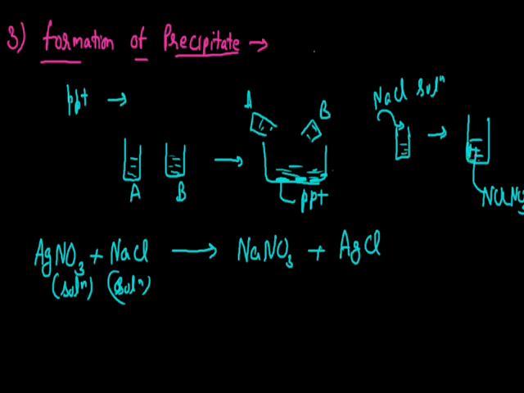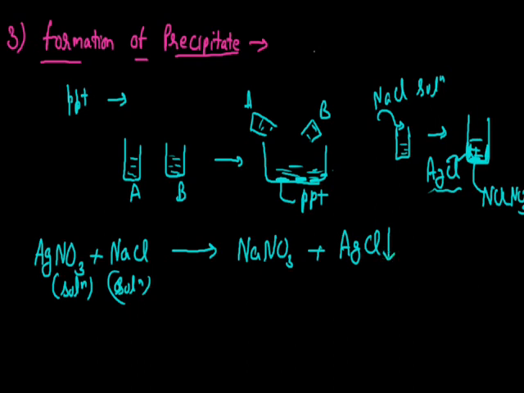inner surface of this test tube, sticking to it, and this solid that is formed here is insoluble, and this solid is AgCl. So this AgCl is an insoluble substance and it can be termed as precipitate, which can be indicated by the downward arrow.